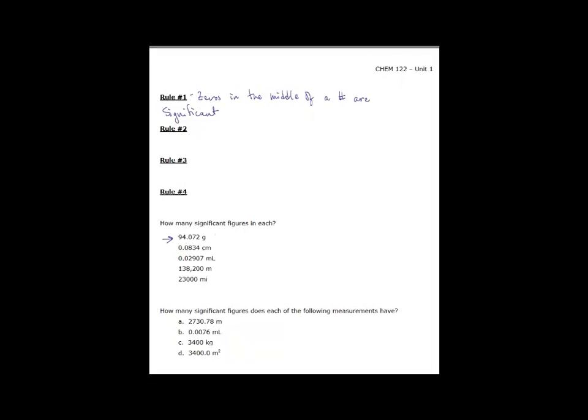That is why we have 5 sig figs here. This 0 counts. The second rule is that zeros at the beginning of a number are not significant.